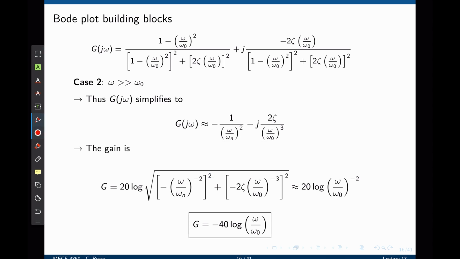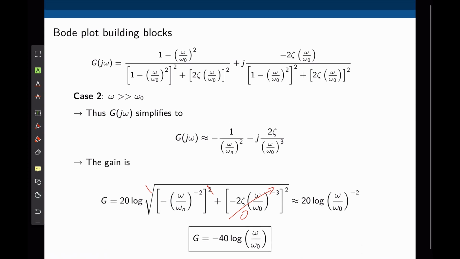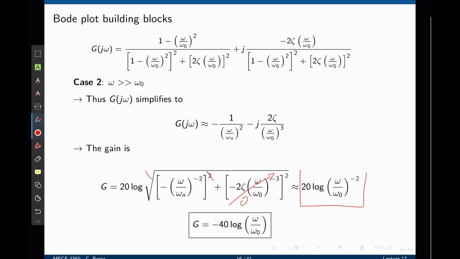So the second term goes to 0. The square root and that square will cancel out. But also remember that when we square this part here, this negative sign goes away. So we are simply left with 20 log of omega divided by omega 0 to the power of negative 2. So this negative 2 can move to the front, and here we have the final magnitude: negative 40 log of omega divided by omega 0.